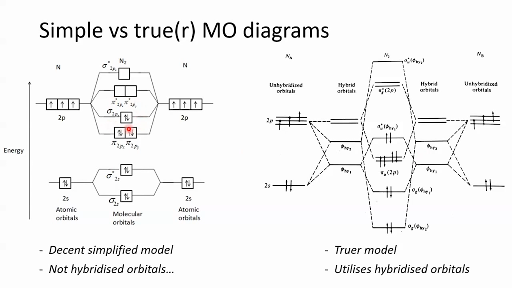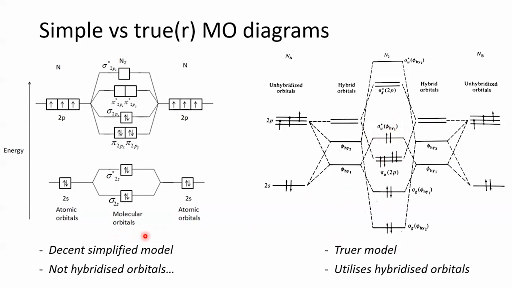While on the left, this is shown as a sigma bonding orbital, over here it's actually an anti-bonding orbital made from combining two hybrid orbitals together. So in this truer model, we have 1 bonding, 2 bonding, 3 bonding, 4 bonding, and 1 anti-bonding orbital, giving us a net triple bond.